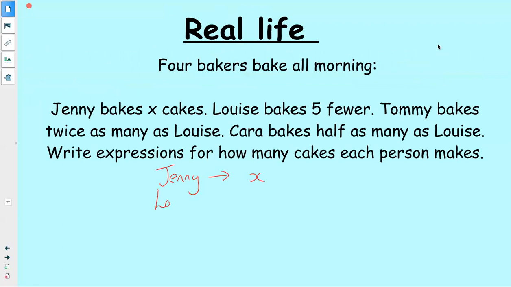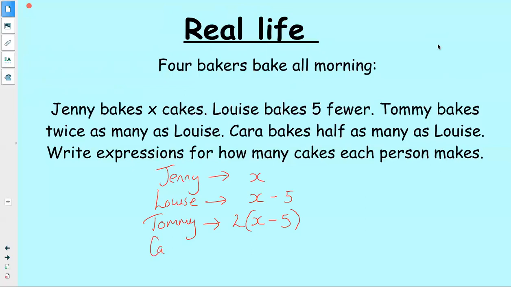Louise, she bakes 5 fewer than Jenny, so 5 less than Jenny. So it's going to be x subtract 5. Tommy, he bakes twice as many as Louise. So if I take Louise's expression, twice as many means multiply by 2. So I'm going to take that expression and I'm going to multiply it by 2.